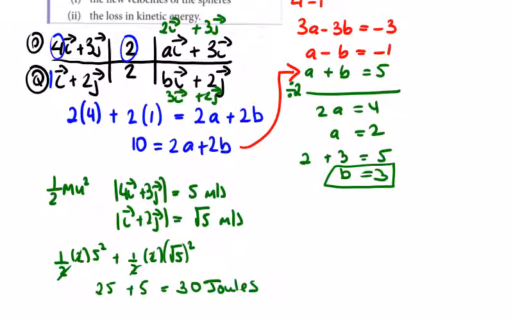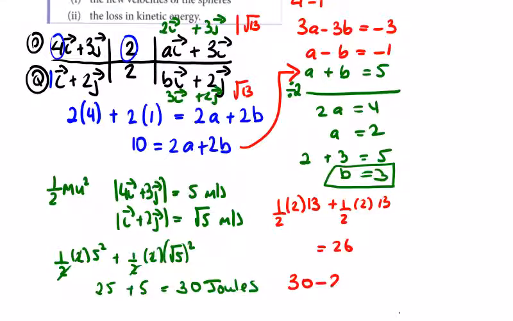That's before. Afterwards, we have a half times 2 times the magnitude, root 13 squared, and the same with the second, root 13. So a half 2 by 13 plus a half 2 by 13 gives 26. The loss of kinetic energy is 30 minus 26, 4 joules, for question 1.